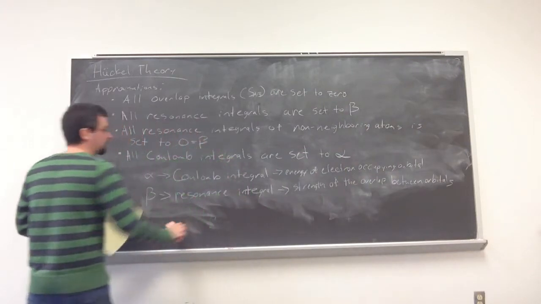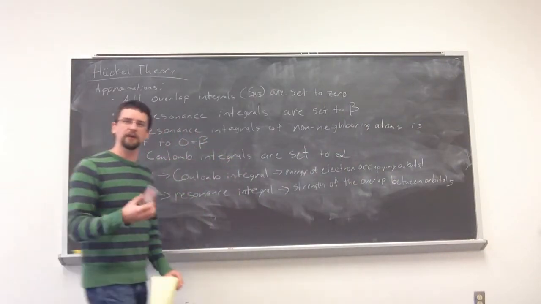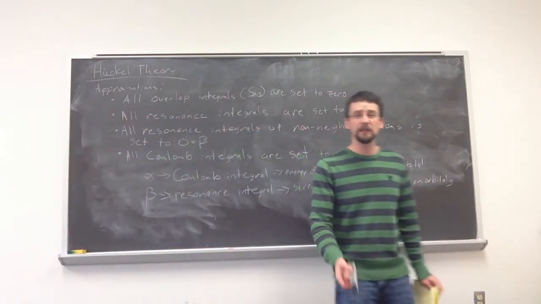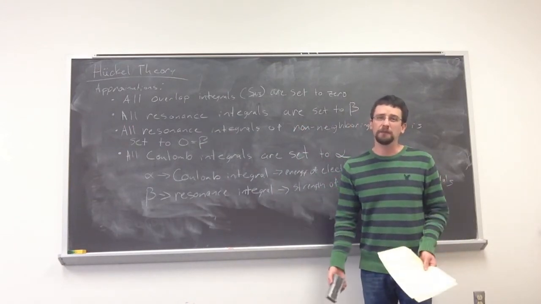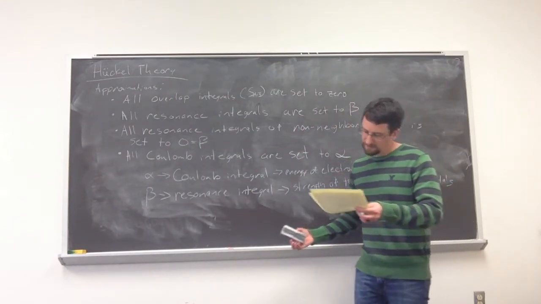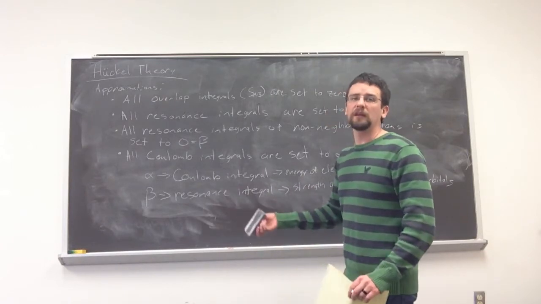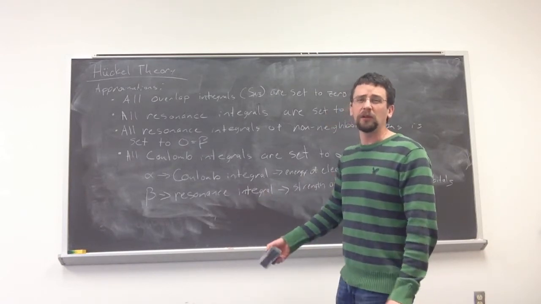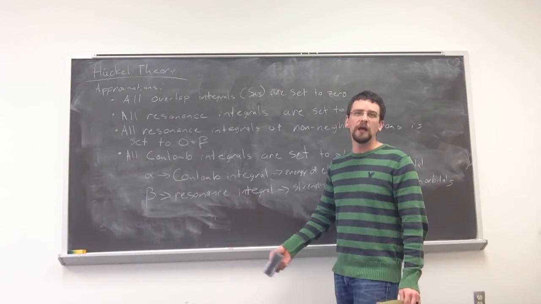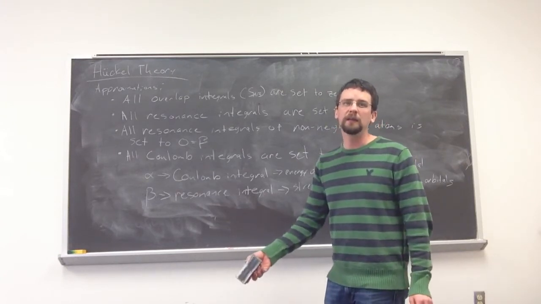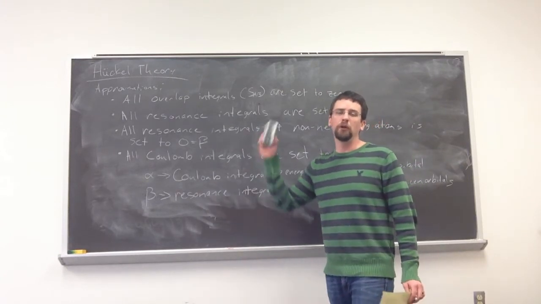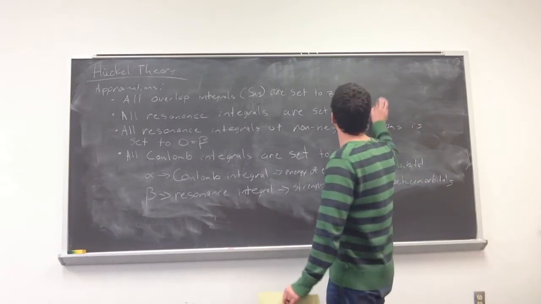Okay, so these approximations, it's a simplified system, but they yield orbitals that can actually be pretty helpful in understanding the system. We're going to look at an example of this. We're going to look at an allylic radical. Basically, we have propylene, pulling one hydrogen off, leaving it as a radical.